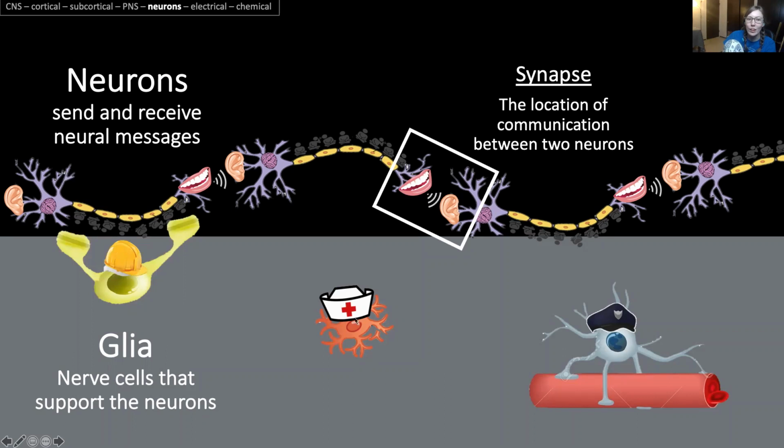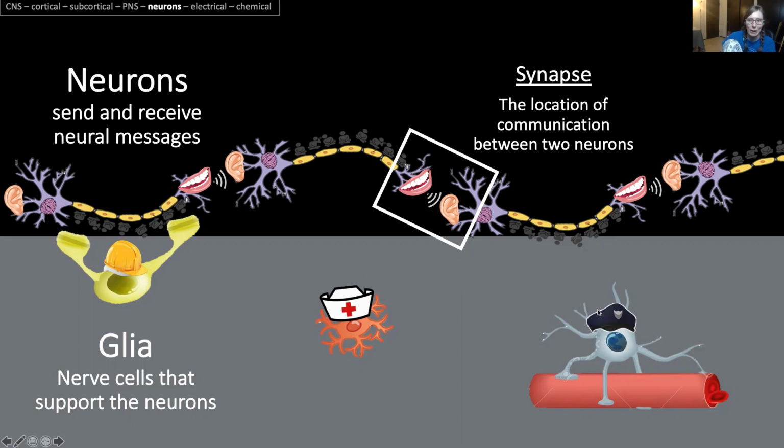Then you also have your microglia, which is like your brain's dedicated immune system. Since your brain is surrounded by the blood-brain barrier, which isolates the brain from the rest of the body, your brain needs its own kind of immune system to be able to get rid of bad stuff and keep the brain healthy. And then lastly, you have this little thing called an astrocyte.